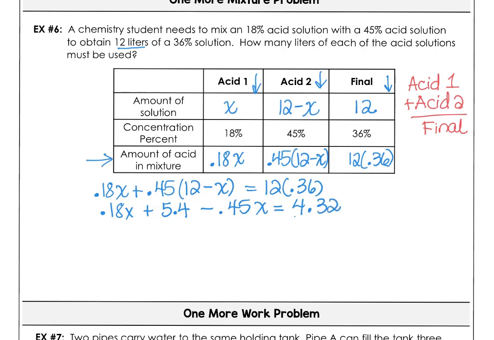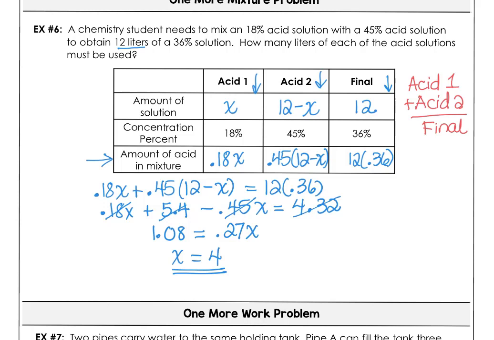So if we subtract 4.32 from 5.4, we're going to get 1.08, and 0.18 minus 0.45, and then putting that on the other side would give us 0.27X, and 0.27 goes into 1.08, oh, a nice even number of 4.